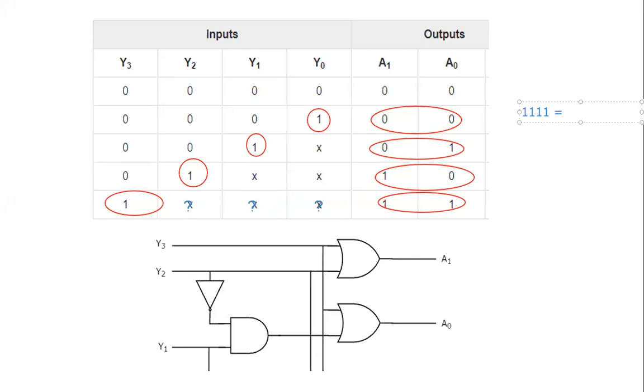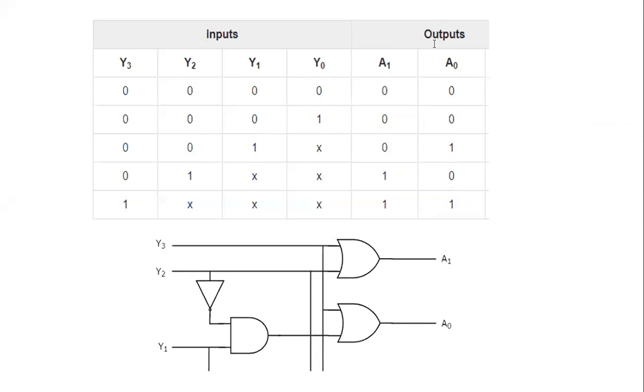Even so, I'll get the output as 1, 1, because y3 has the highest priority over here. Suppose the combination is 0, 1, 0, 1. In that case, we can see y2 has the highest priority. So what is the value equivalent to y2? We'll get the output equal to 1, 0. So this is a 4:2 priority encoder.